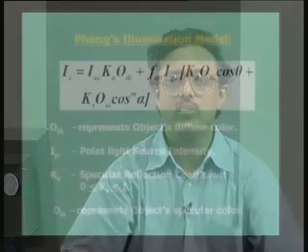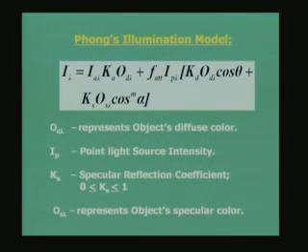So, what is the equation which governs specularity? This is one of the models suggested by Phong. The Phong illumination model, which we consider here, has an ambient term, where I_a lambda is the ambient color, K_a is the ambient reflection coefficient, and O_d lambda represents the object's diffuse color, which goes into the ambient term as well.